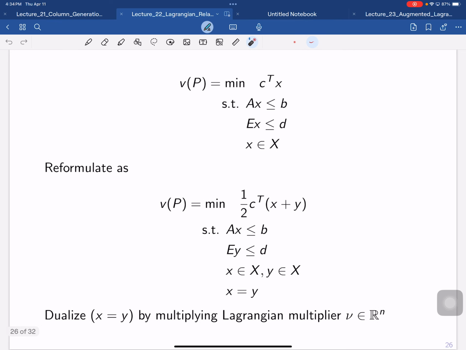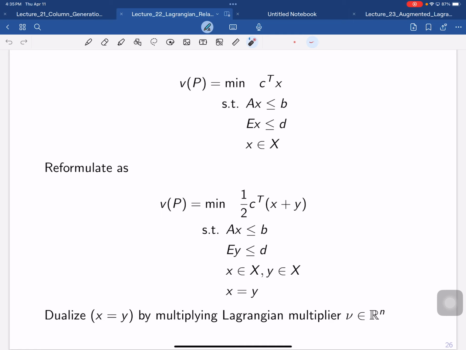You create a new variable y, and then you put x to satisfy the first set of linear constraints and y to satisfy the second set of linear constraints. But then, this x can be a set of mixed integer variables, and you put x into capital X, and y has to be mixed integer as well. But then we need to make sure that x equals y, because y is like a duplication of the original x variable.